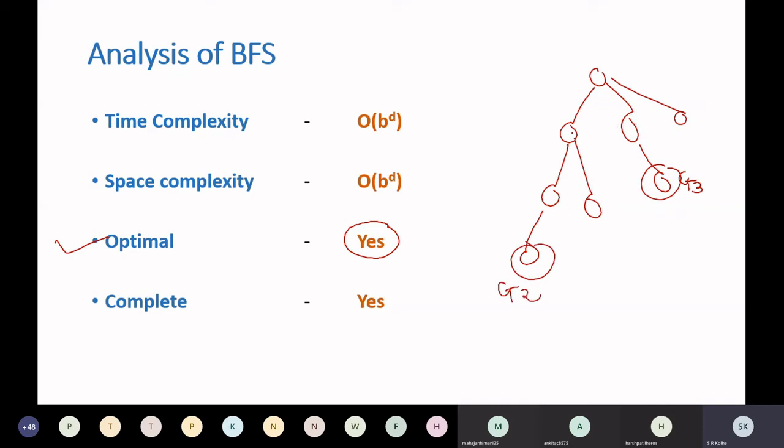Always if your goal is present somewhere at the first level, BFS will return that. If G3 is the goal, then it will return this solution path, right? So always it will return you the least cost solution. Therefore it is an optimal algorithm.